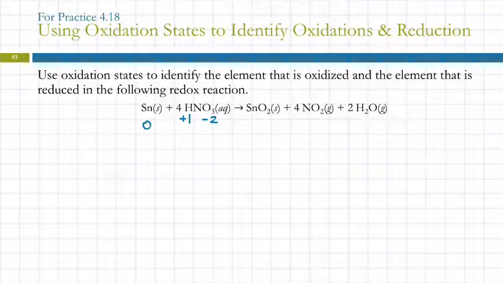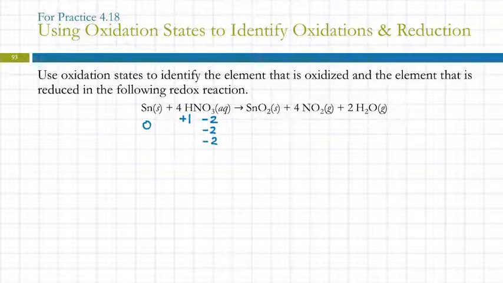And then we've got the nitrogen. Remember here that there are 3 oxygens. Each oxygen is -2. So we have a total of -6 here and +1 from the hydrogen. And so the nitrogen needs to be +5 because overall this is a neutral molecule.